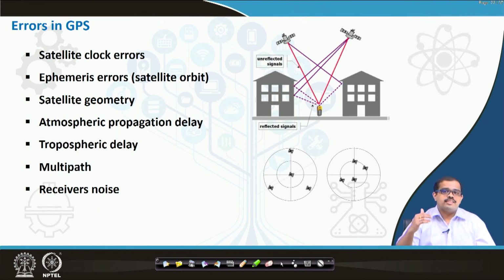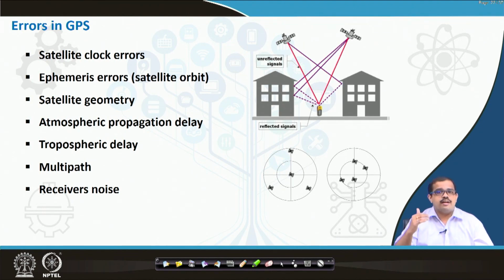And the next thing is the atmospheric propagation delay. I spoke about the ionosphere issues. The ionosphere interferes with the GPS signal, or let us say there is interference due to the composition of the ionosphere, because of which we lose a lot of signal as it propagates through the ionosphere.